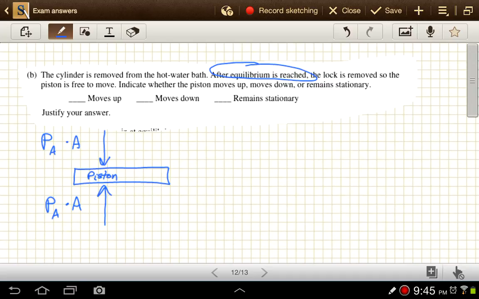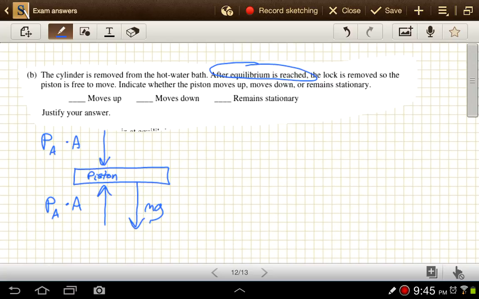We've forgotten the force that goes on basically every free body diagram we've ever done here. So we need the mass times gravity of the piston. Now these two forces balance each other out, but this one doesn't have anything to balance it.